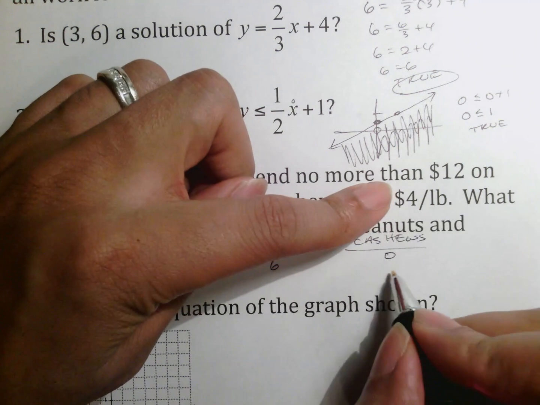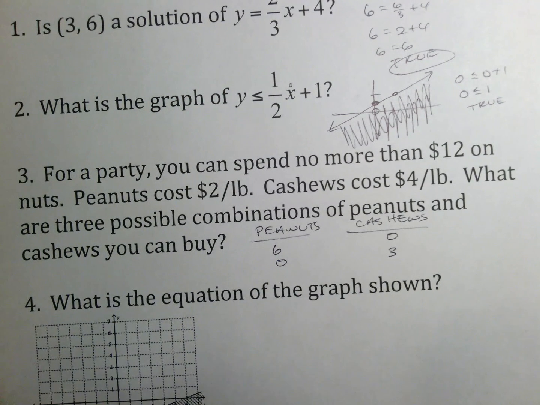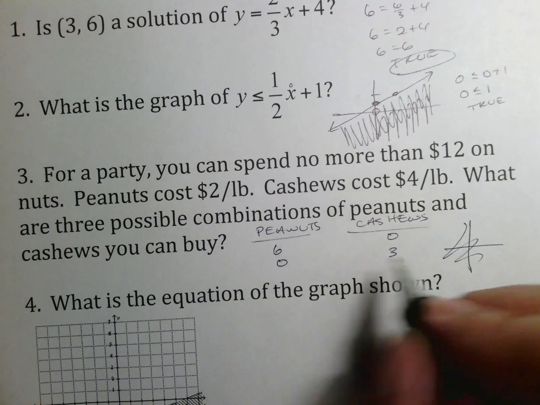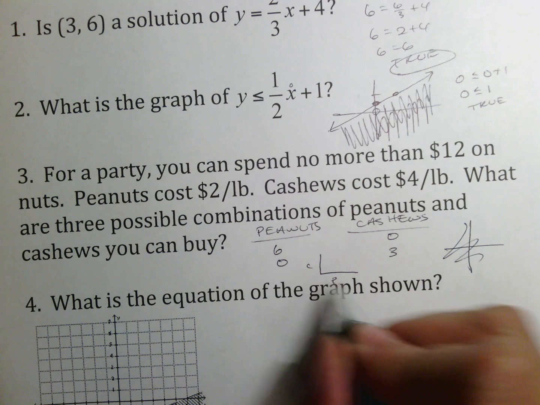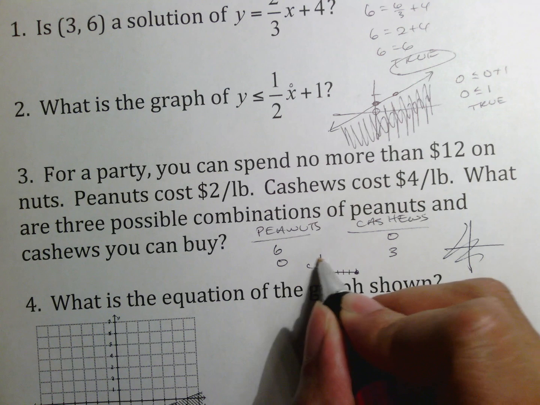You can also do 3 pounds of cashews, 0 pounds of peanuts, and then anything beyond that that you find is pretty easy. Also, that helps you to graph it, because in terms of your graph, that's the peanuts and cashews. The peanuts would be at 6. The cashews would be at 3.